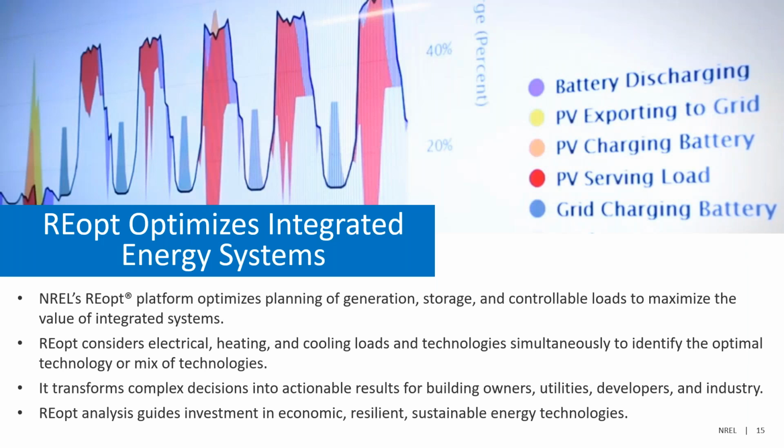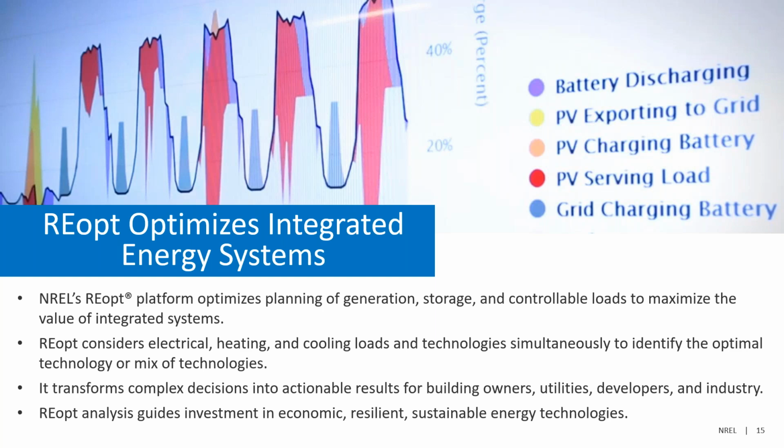The third tool we'll be discussing today is REopt, which is a platform from NREL that optimizes the planning of generation, storage, and controllable loads to maximize the value of integrated systems. REopt considers the electrical, heating, and cooling loads for a building or campus, and technologies, considers those loads and technologies simultaneously to identify the optimal technology or mix of technologies.